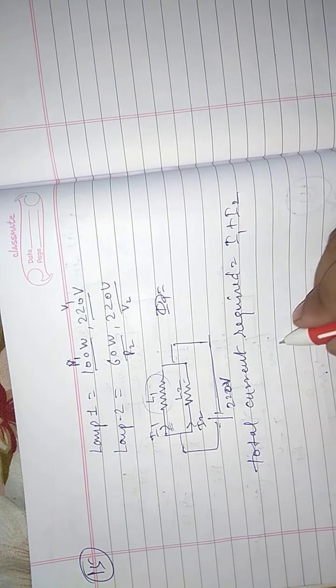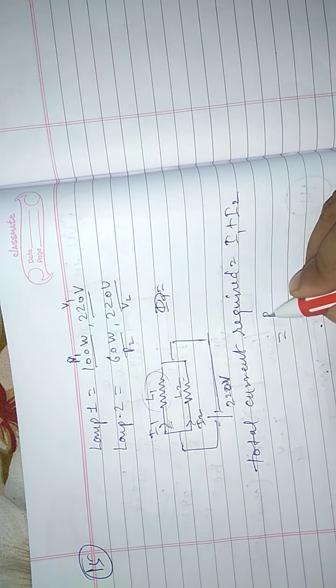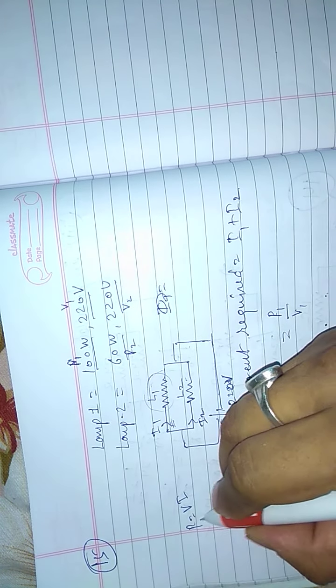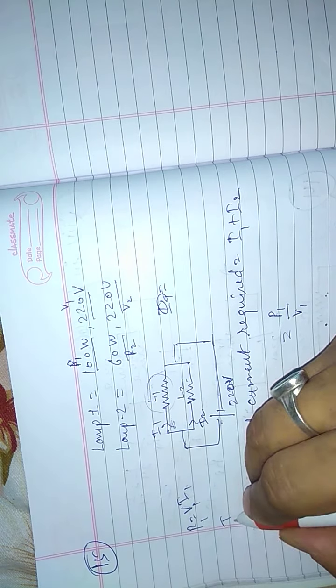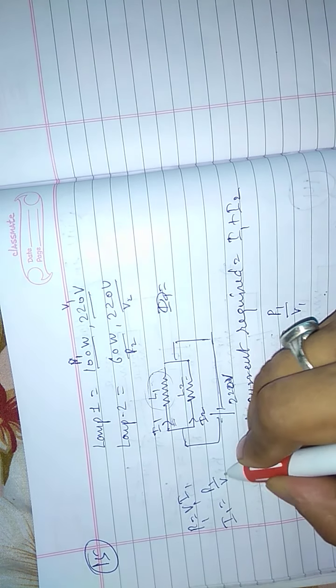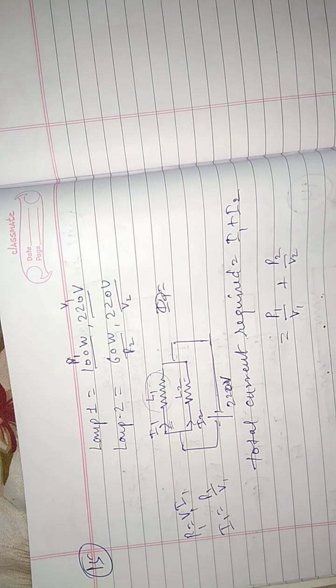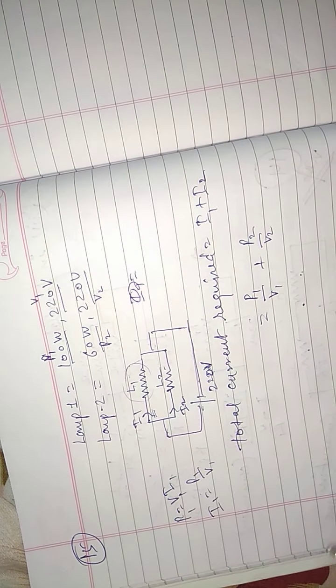And what is I1? I1 will be equal to P1 upon V1, because P equal to VI, you know very well. This is for lamp 1. And P2 upon V2, this is for lamp 2. So what is the answer?